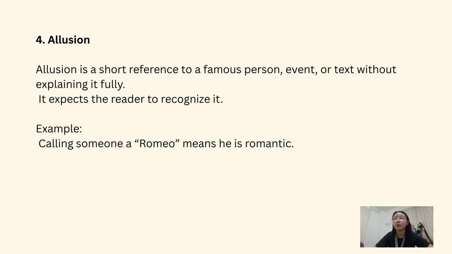Calling someone Romeo means he is romantic, or kanang Achilles heel, mayong ka you are my Achilles heel. So diyang imuhang weakness, more reference sa katong sa Greek nga hero nga si Achilles nga invincible sa job but his only weakness kay diyang heel. And then unsa pa, Trojan horse or the evil queen, may nga famous mga person nga gamiton nimo as a short reference.